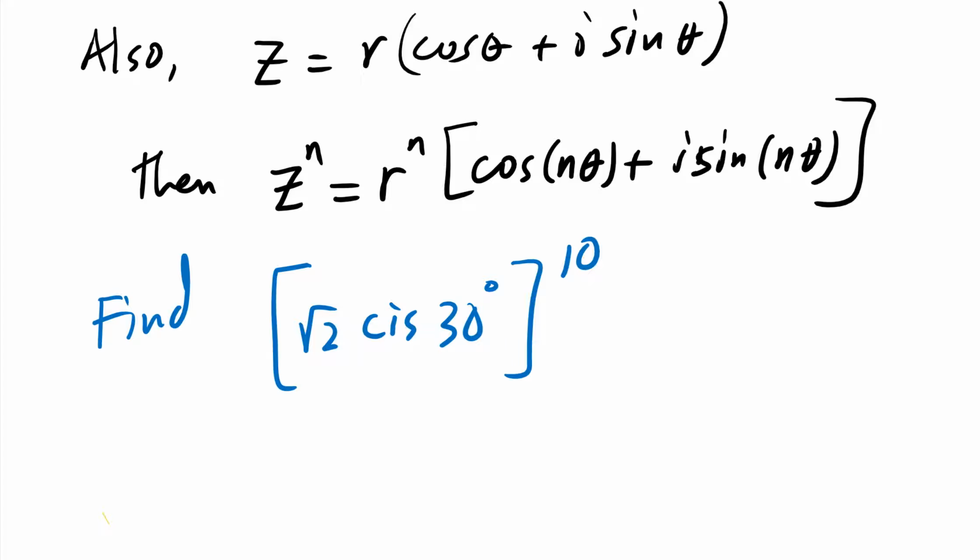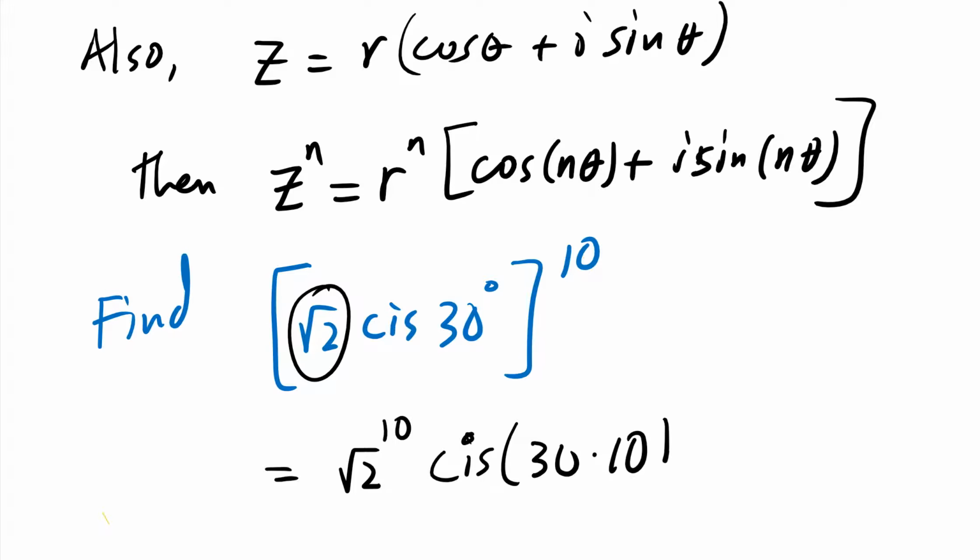So how does that look? We can use the formula right above that, which says you raise r, this is r, to that power and multiply the angle by that number, CIS 30 times 10.